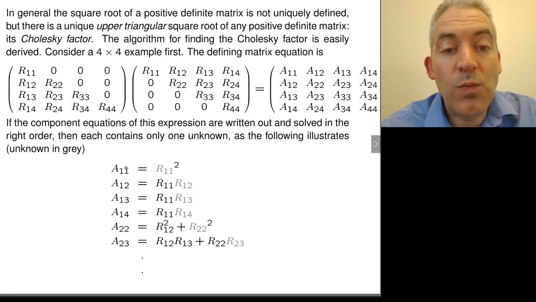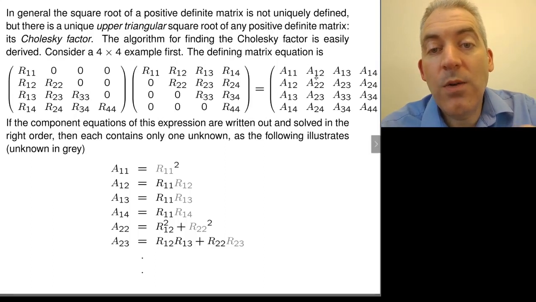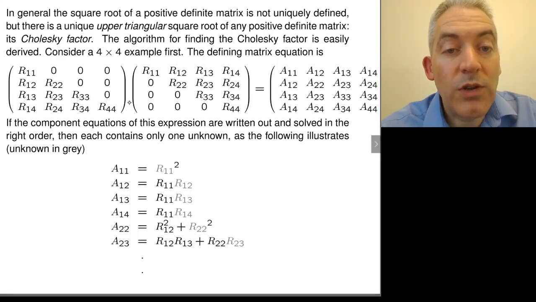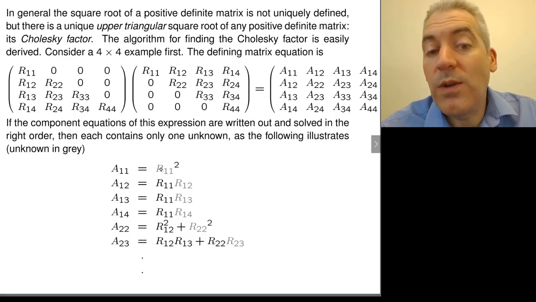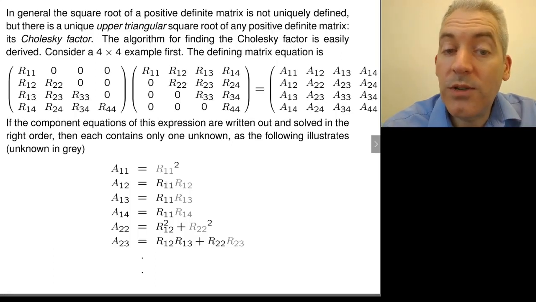So there's only one unknown in that. So we just solve that for R11, and then we think about A12 next. How do we get A12? Well, again, we just do the product and we write it down, and we see that actually it involves R11, but we've already worked that out. So the only unknown here is R12, so we can solve for R12.